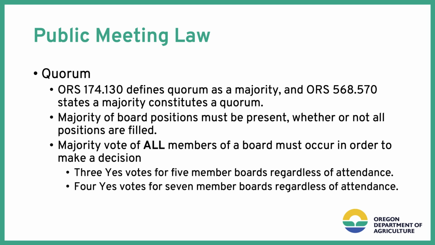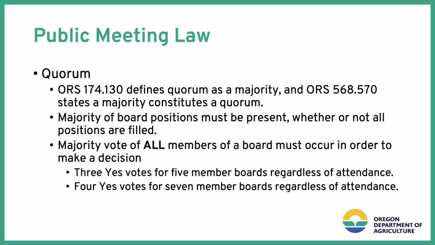One of the big questions, as always, is, we're going to have this committee, and we're a 7-member board, so we're just going to put 3 board members on it. And that way we don't have to follow public meeting law. We don't have to notice the meeting, we don't have to take minutes, we don't have to do this. Unfortunately, any committee or advisory board or task force, if it's appointed by the board of directors, becomes, in essence, its own board. So if you just say, I'm going to put 3 board members on that committee, well, now you have a 3-member board.